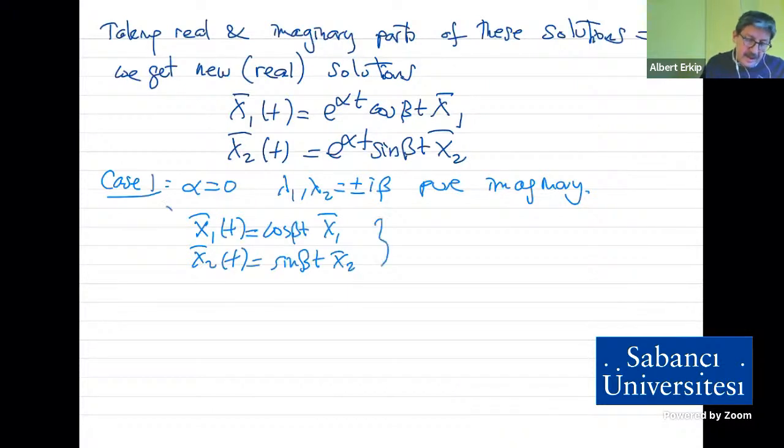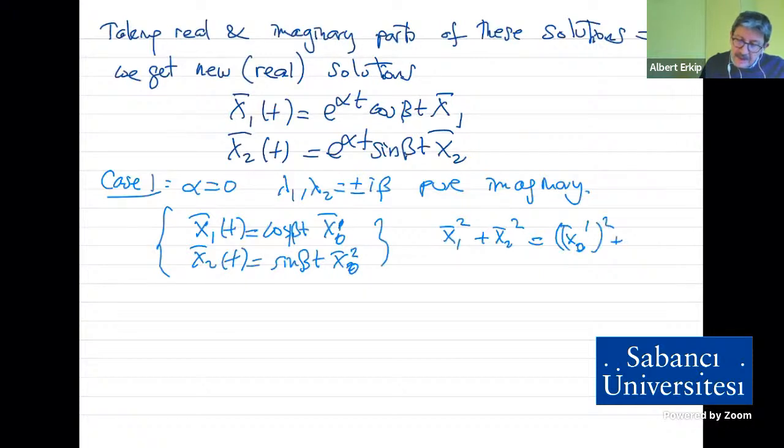But now if you look at this, x1 bar squared plus x2 bar squared equals, since cosine squared plus sine squared is 1, x0,1 bar squared plus x0,2 bar squared.